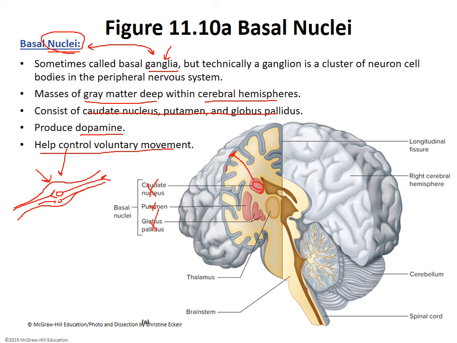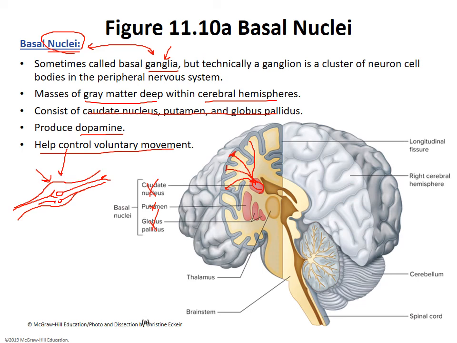They're going to synapse here, and I'm going to have multiple neurons sending signals. For instance, to take a single step to walk, there are close to 50 different muscles needed. So I'm going to have all kinds of neurons coming out.